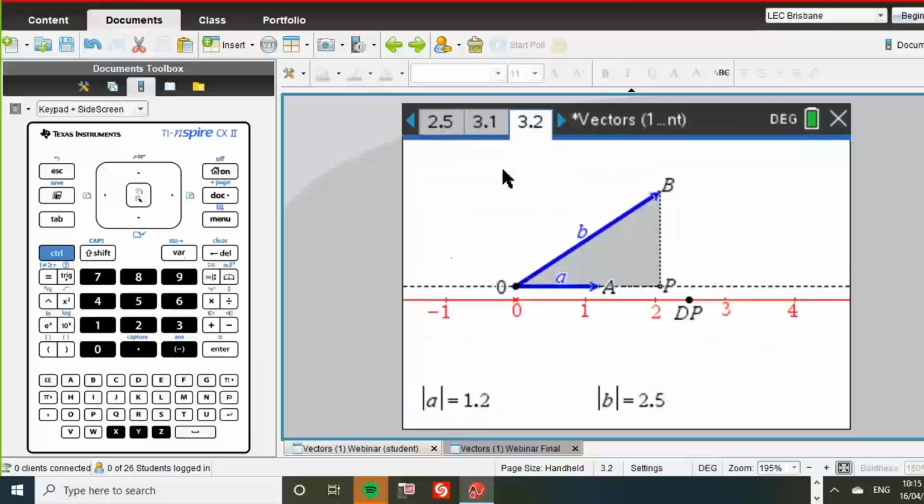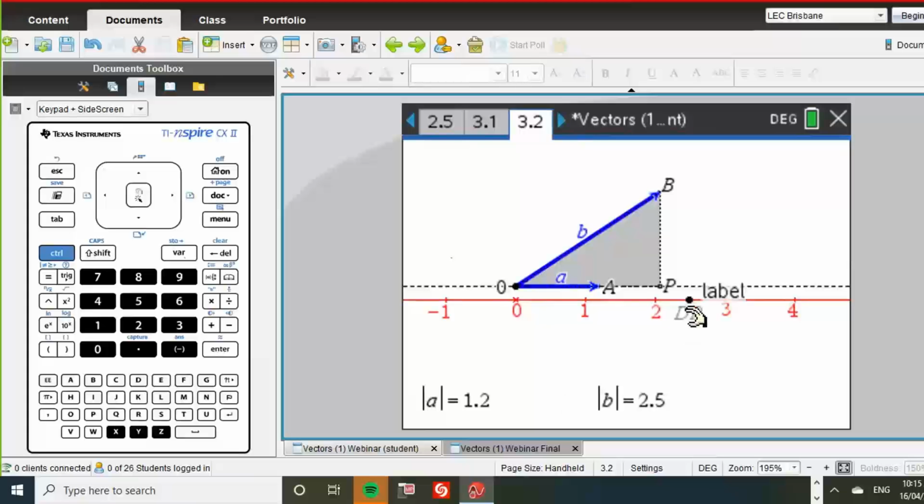So on the next page, this is a nice demonstration of the dot product. We have a vector A with a magnitude of 1.2, a vector B with a magnitude of 2.5, and the angle between those two vectors looks to be about 30 to 35 degrees.